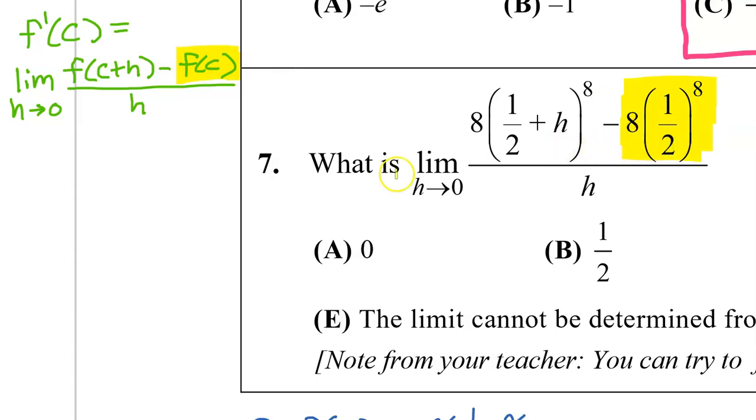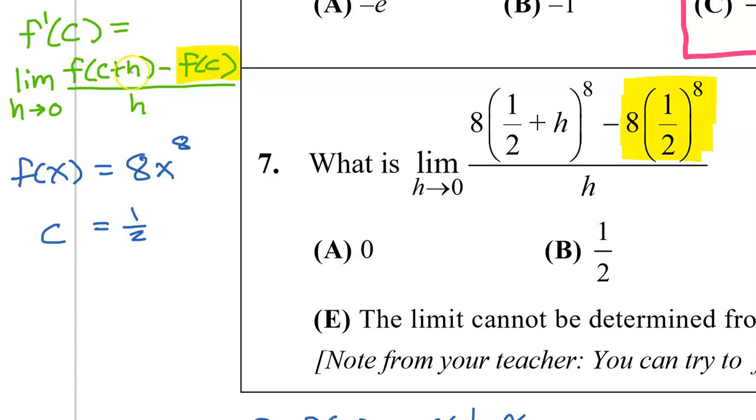You can see that if this limit is indeed a derivative, then the function f of x must be 8x to the 8th power. And the c value must be this 1/2 that's on the inside. Let's see how it matches up with the rest of the definition of derivative.